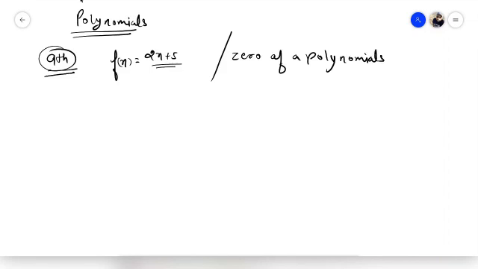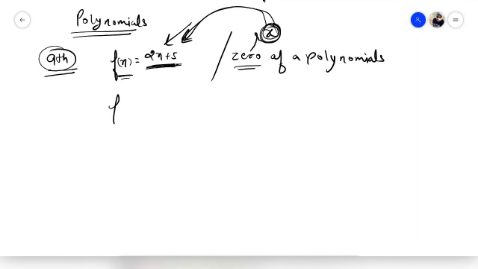Let me make it clear that the zero of the polynomial is the value of x. Here the polynomial is in x, so the variable is x. The value of that variable for which the polynomial becomes 0 is called the zero of the polynomial.